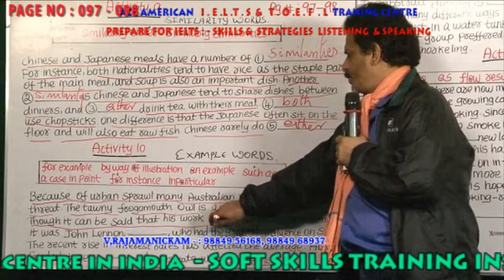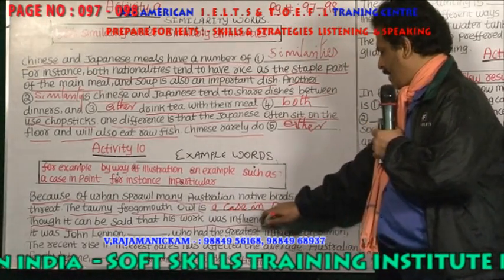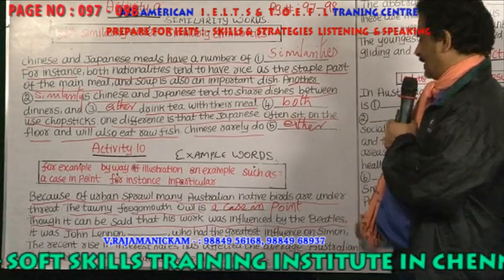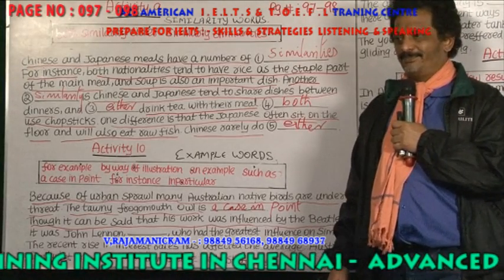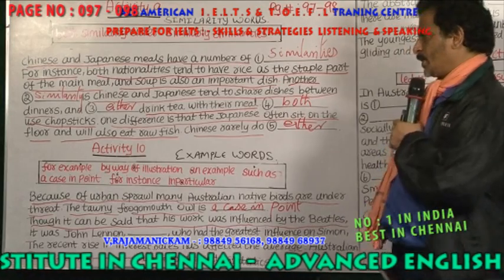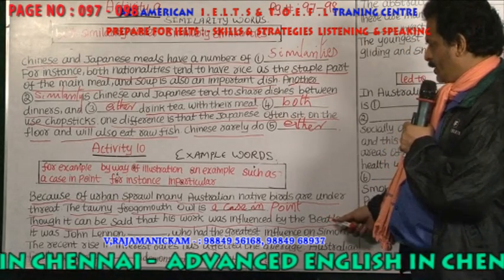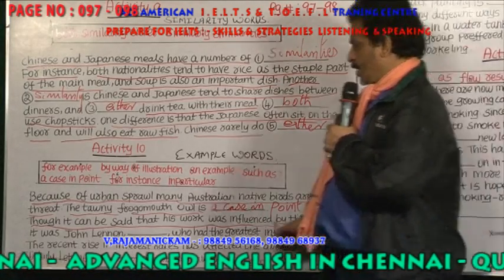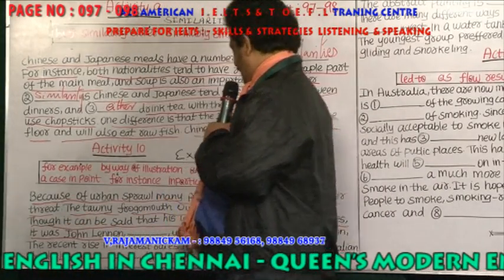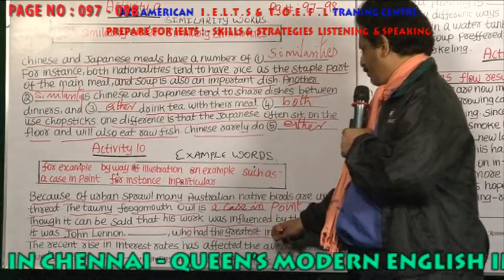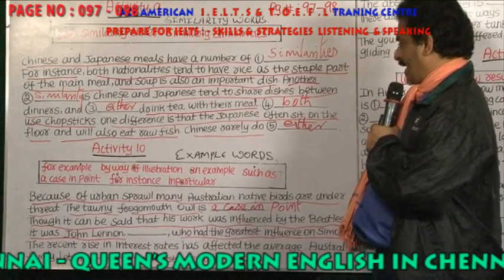Now here, though it can be said that his work was influenced by the Beatles. You know who the Beatles are? A music band. So though it can be said that his work was influenced by the Beatles, it was John Lennon, dash, who had the greatest influence on Simon.